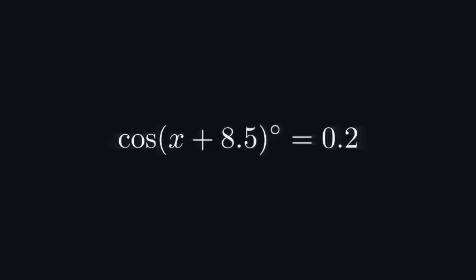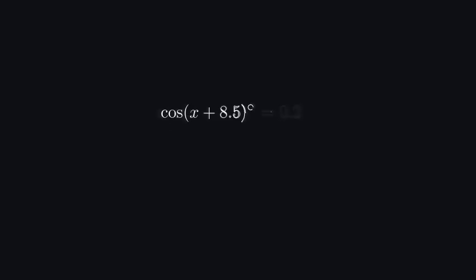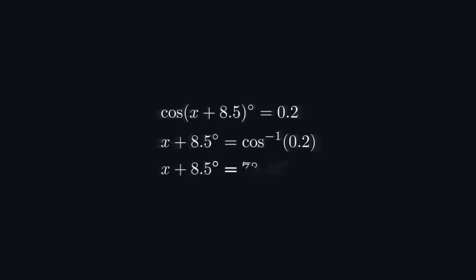Cos of (x + 8.5°) equals 0.2. So x plus 8.5 degrees equals cos inverse of 0.2.